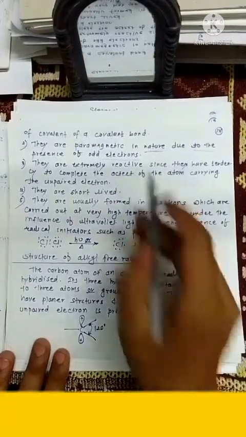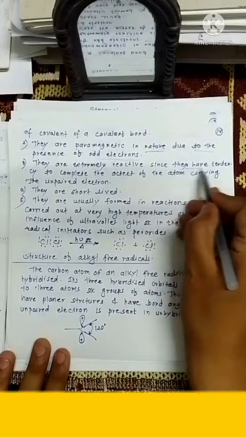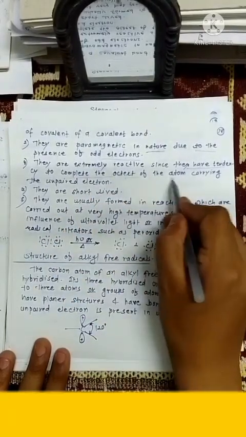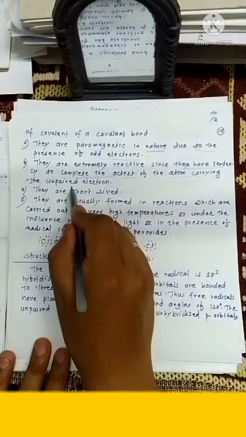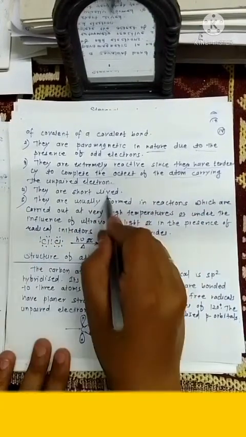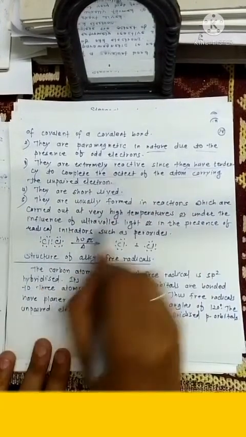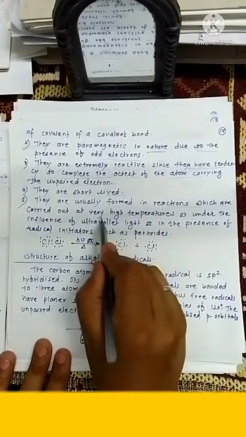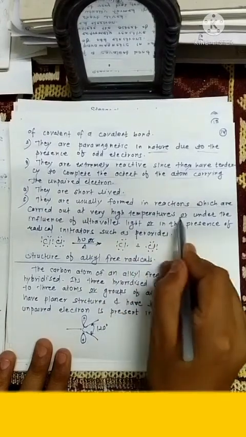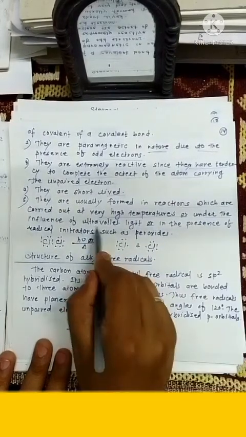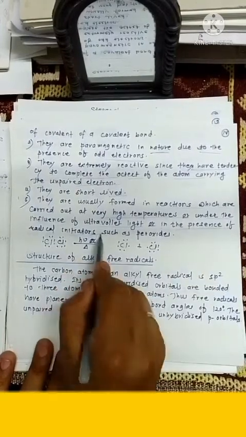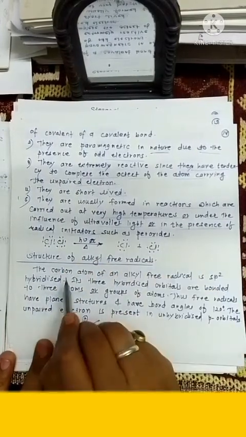They are extremely reactive since they have a tendency to complete the octet of the atom carrying the unpaired electron. They are short-lived species. They are usually formed in reactions carried out at a very high temperature, or under the influence of ultraviolet light, or in the presence of a radical initiator such as peroxide.